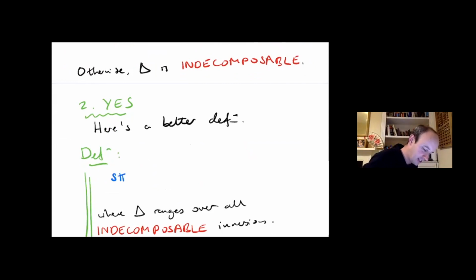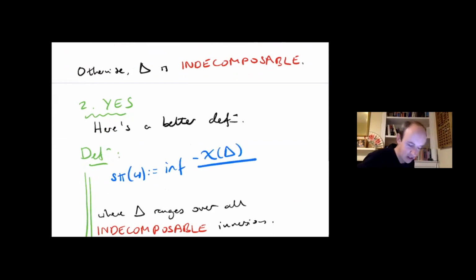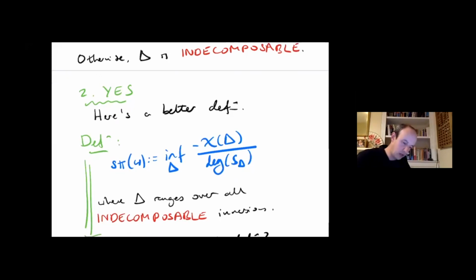The definition is that S pi of W is defined now to be the infimum of minus chi, so minus the Euler characteristic of delta, divided by the degree of this collection of circles S delta, where this ranges over all the indecomposable delta that I just talked about.